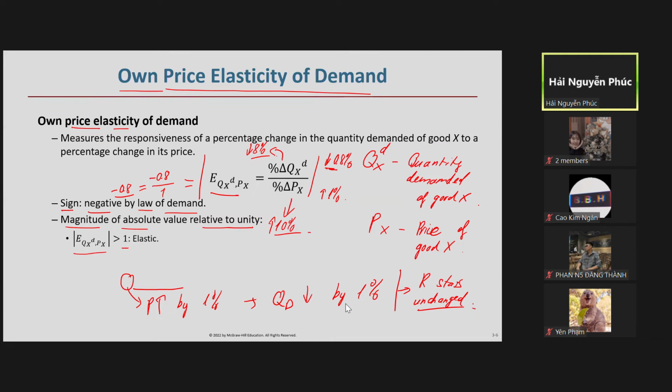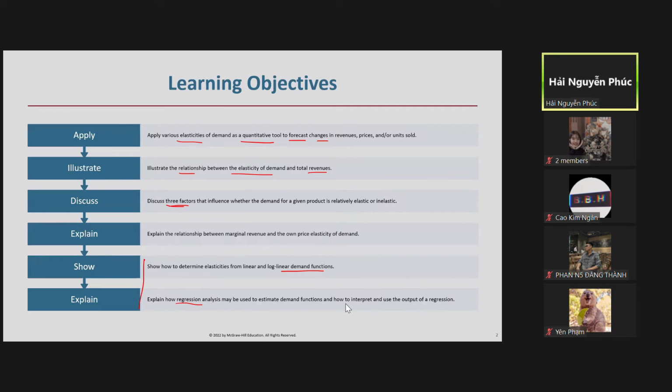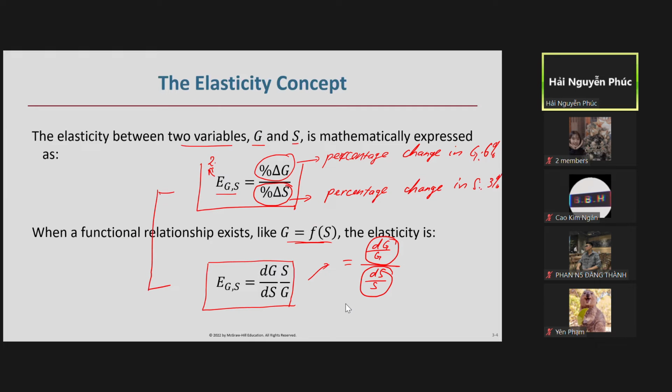To see why it happened, you can easily observe this one. Let me plug in this one. Suppose I'm going to rewrite it in the following way. It is QX.